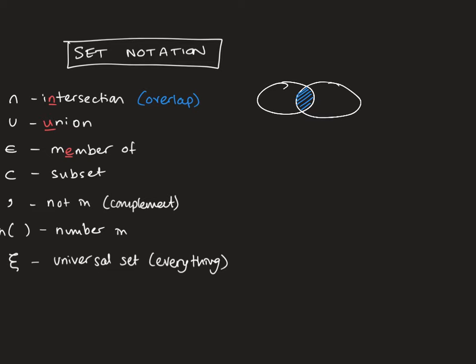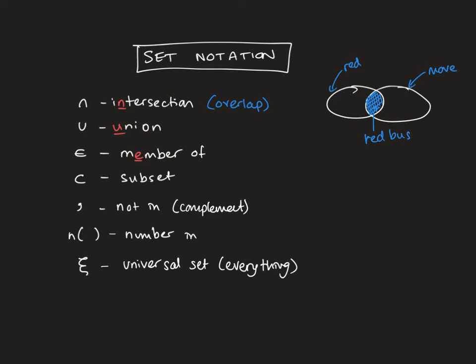So, for example, if this section was, say, red objects and things that could move, an example of something that could be in the middle would be a red bus or something like that. Essentially, what's going on here is just showing data that overlaps between the two of those. So that's what the intersection would be.